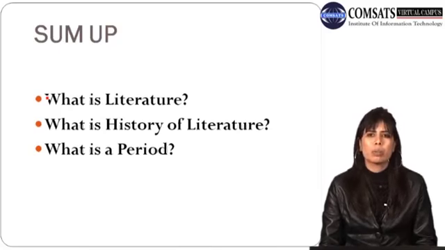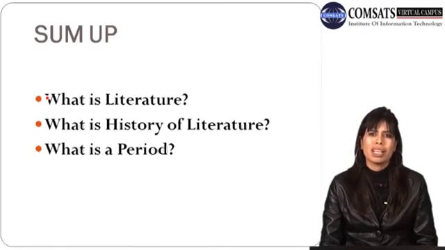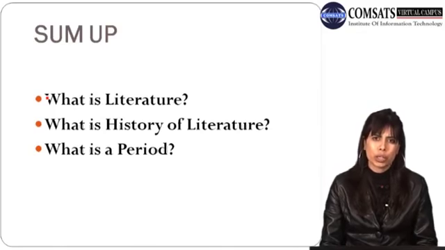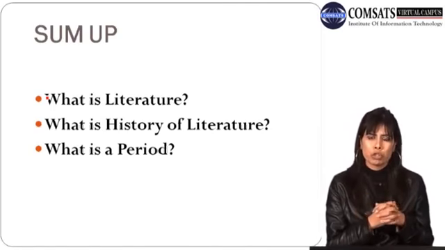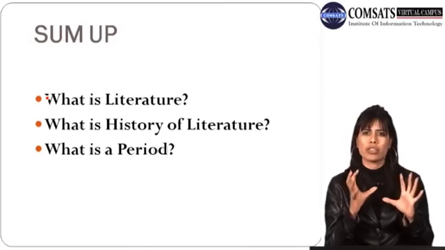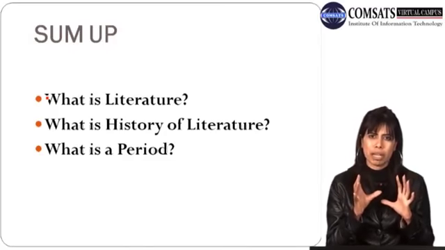You'll have to take history of English literature like a story, okay, there are certain events in the story in form of plot. So my dear students, you'll have to arrange them logically in your mind, okay?